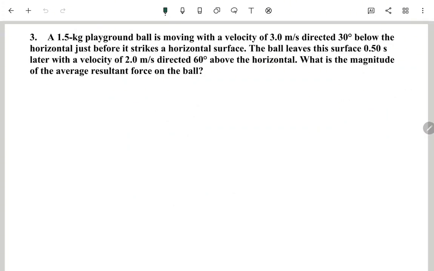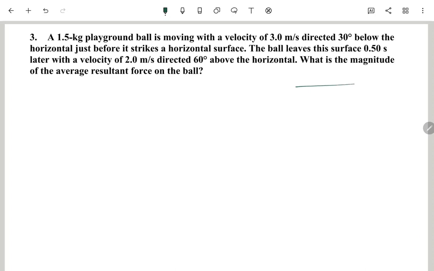A 1.5 kilogram playground ball is moving with a velocity of 3 meters per second, directed 30 degrees below the horizontal, just before it strikes a horizontal surface. The ball leaves this surface 0.5 seconds later with a velocity of 2 meters per second, directed 60 degrees above the horizontal. What is the magnitude of the average resultant force on the ball? Let's draw the situation.